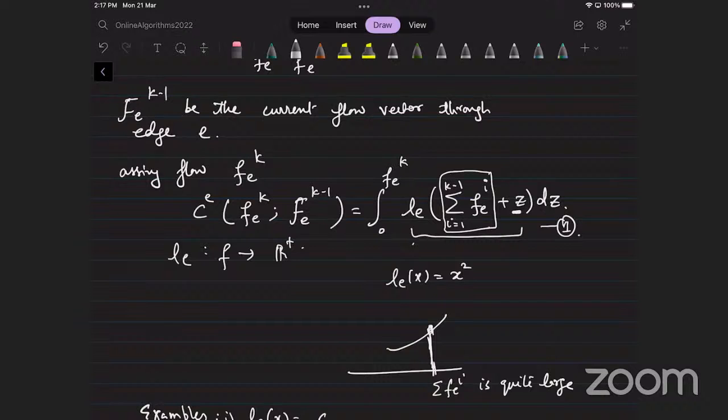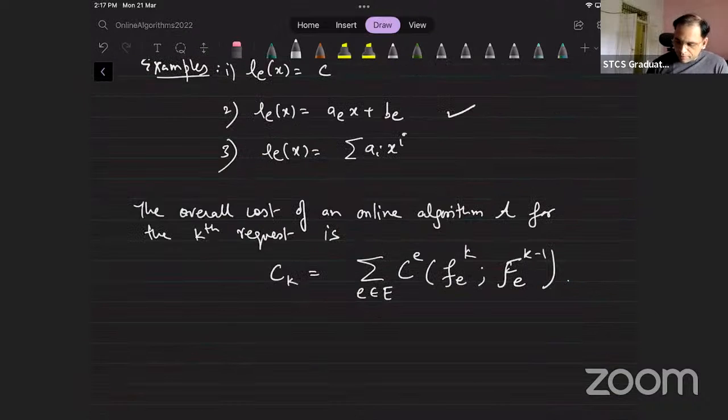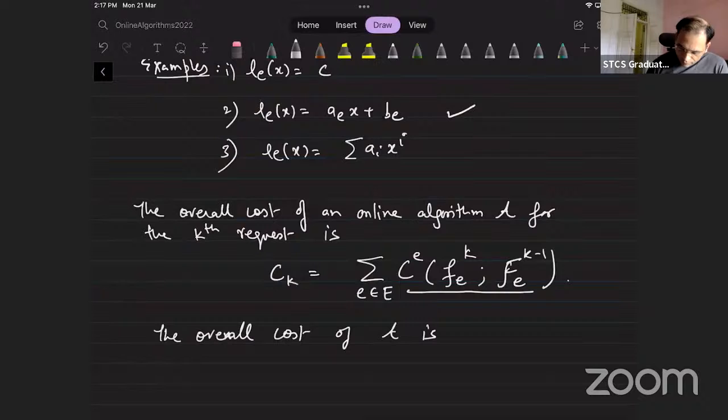So the cost of assigning the kth request with my algorithm is then simply this summed over all possible edges, and the overall cost is summed over all capital K requests. So a lot of notation.